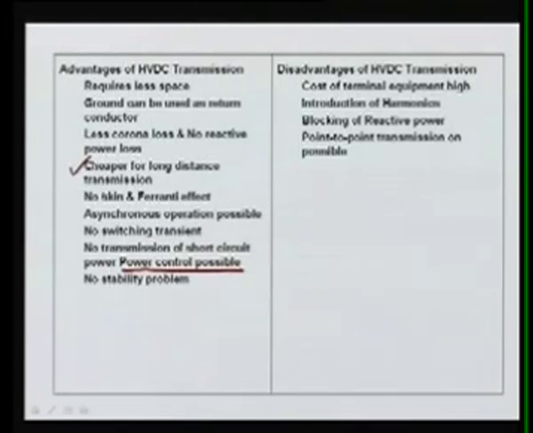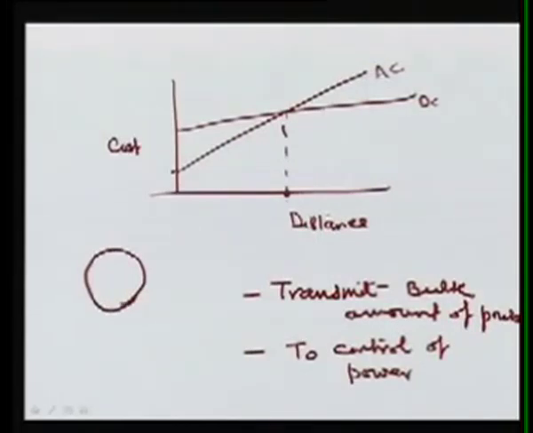As we are looking at the advantages of HVDC transmission system, it has no skin effect. Skin effect is nothing but, let's suppose this is your conductor, current always follows the outer side from the center to flow in the AC system.